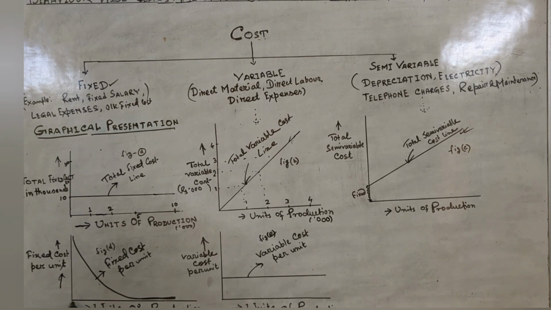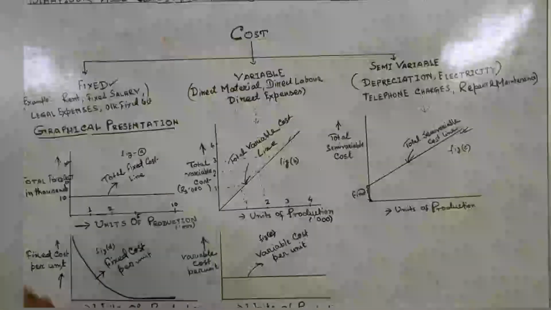Suppose your production capacity of the factory is 10,000 units. If you are producing only one unit from the factory, then what will be the cost per unit? Because you are producing only one unit for the period, then the entire cost, that is rupees 10,000, cost per unit will be rupees 10,000.